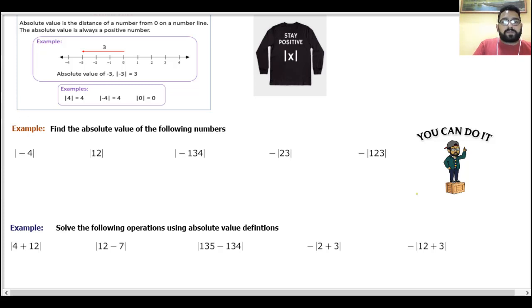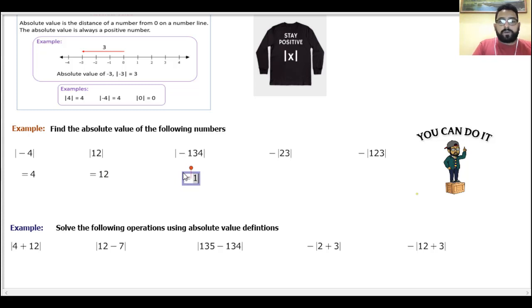So here we have some examples. Look at this. The absolute value of -4 is equal to +4. The absolute value of +12 is +12. The absolute value of -134 is 134.